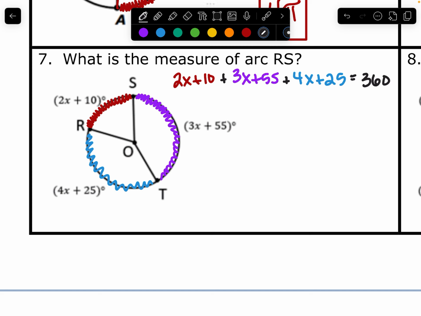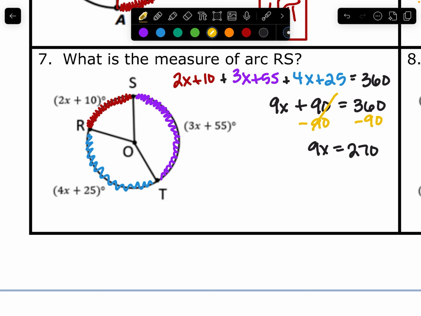All right, let's go ahead and combine the like terms. We've got 2x, 3x, and 4x, which adds up to 9x. We've got 10, 55, and 25, which add up to 90, if I'm not mistaken. And then the 360 remains the same for the moment. Now we're going to take away 90 on both sides. That'll leave us with 9x equals 270.